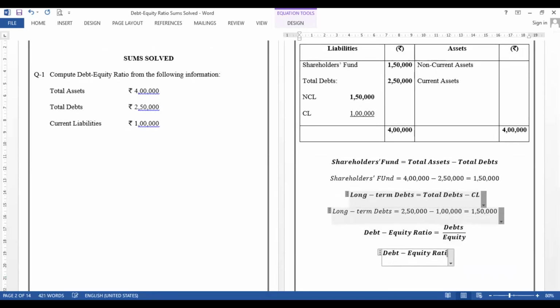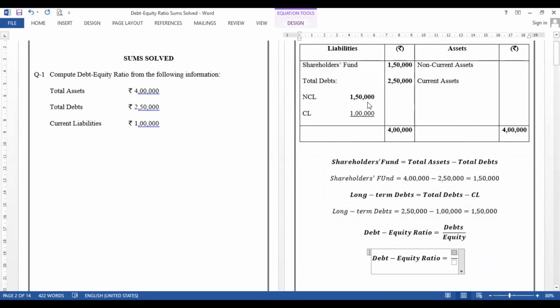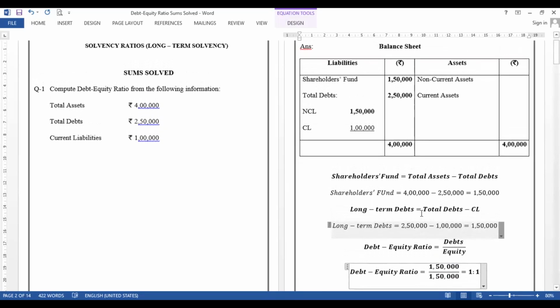Long-term debts we have calculated as rupees 1,50,000, and equity also is 1,50,000. So the ratio will come to 1:1. This is a very simple sum to start with to understand the concept of long-term solvency ratios.